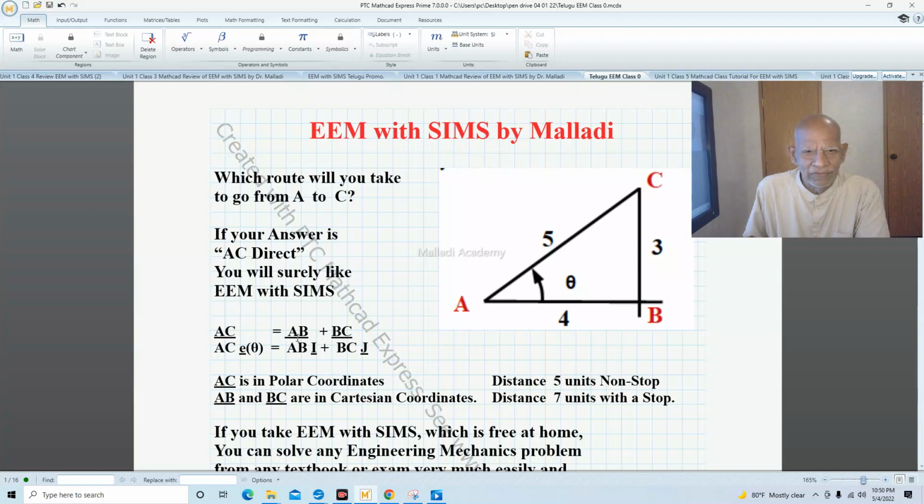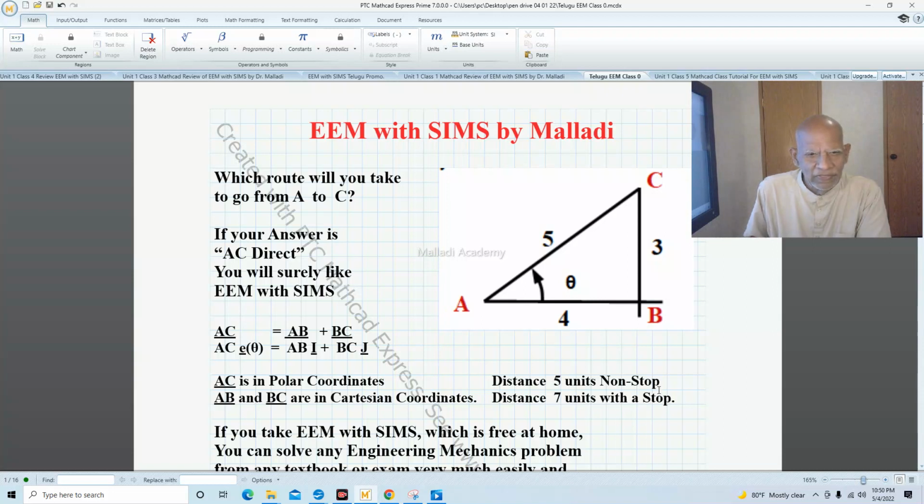AC is equal to AB plus BC, where I have written AC in polar coordinates and the other loop vectors AB and BC in Cartesian coordinates. In polar coordinates, the distance is 5 units, a non-stop journey, and in Cartesian coordinates, the distance is 7 units with a stop.